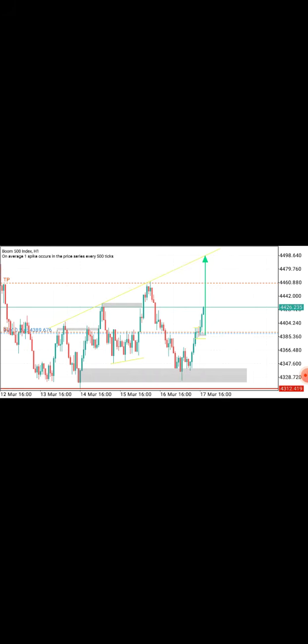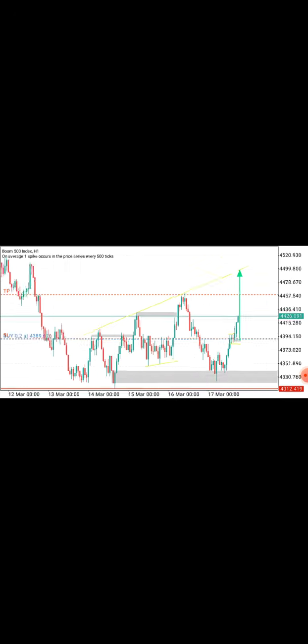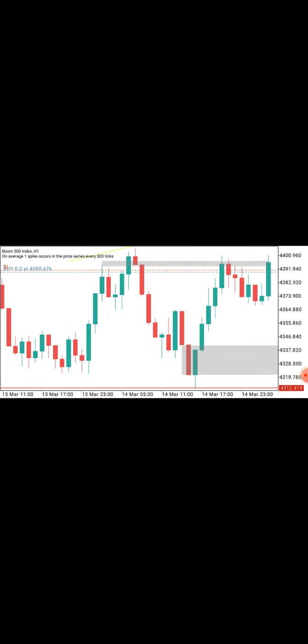Why did I mark those points? Remember that the market respected that previous primary low, right? It came to the upside. As it came to the upside, the market started breaking the secondary lows. Now we are talking about the secondary lows. We are no longer talking about the primary ones, because the market decided to respect the previous primary one right here.